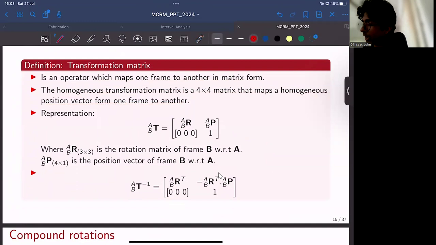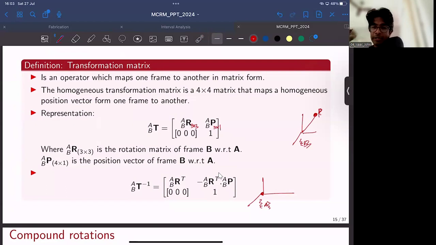For example, if you have a position vector described with respect to one frame B, and you want to describe that same point, its position and orientation, with respect to a different frame A, you can do so by using the transformation matrix, where the first 3x3 elements are the rotation matrix between A and B, and the first three elements of the fourth column are the position between the two frames A and B. For the final row, the first three elements would be 0, 0, 0, and the last element would be 1.